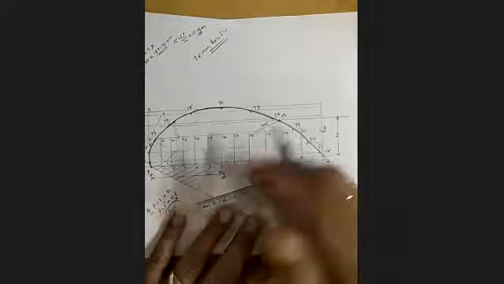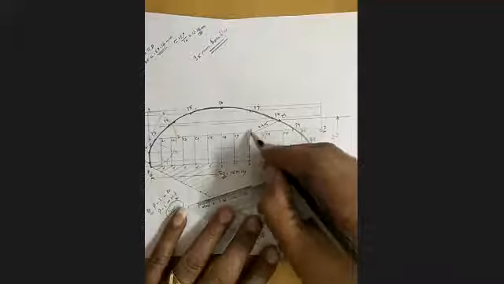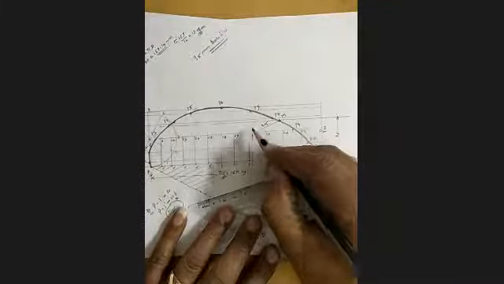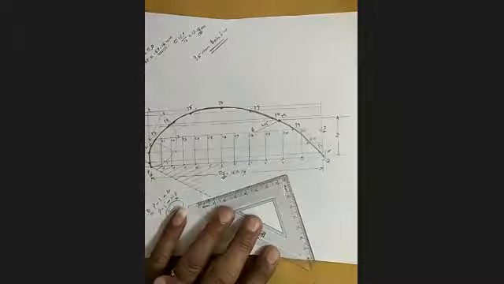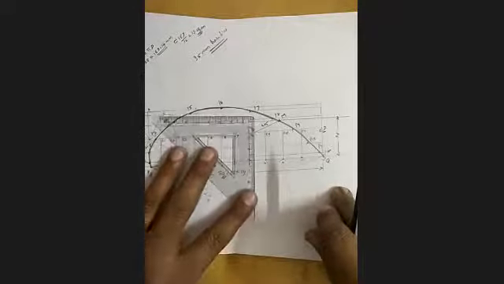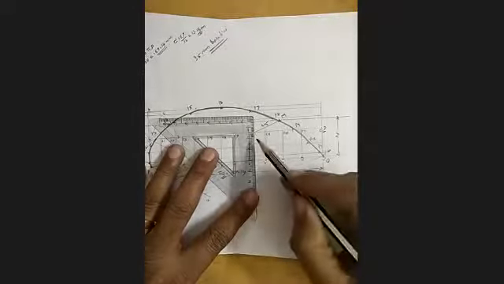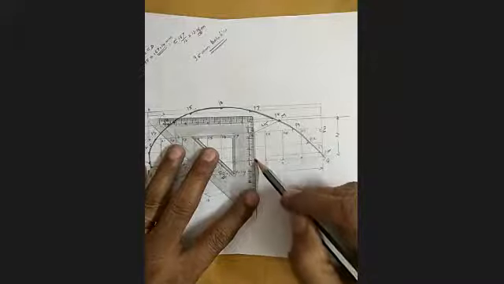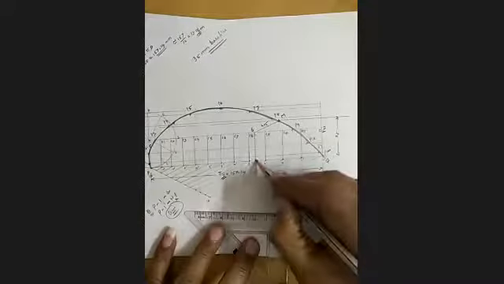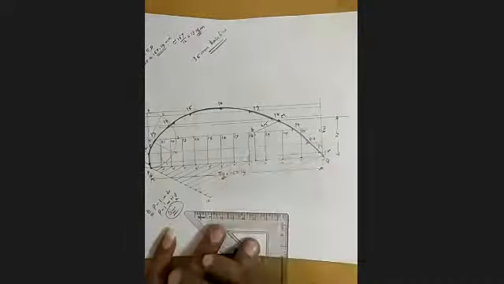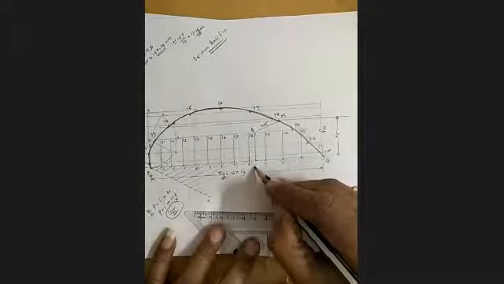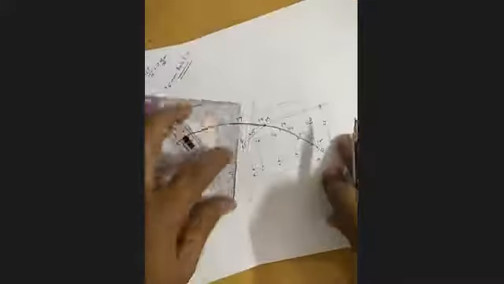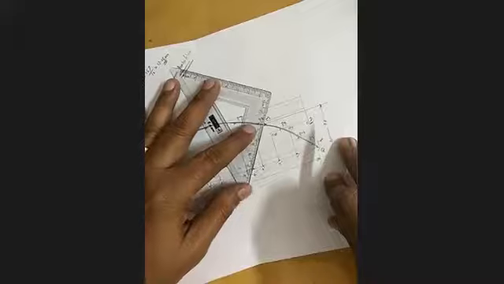Radius 25 from M, cutting the CD line. Some name I have to give. From S, draw a perpendicular up to the baseline. It cuts the base. Name that as X. Join X and M.